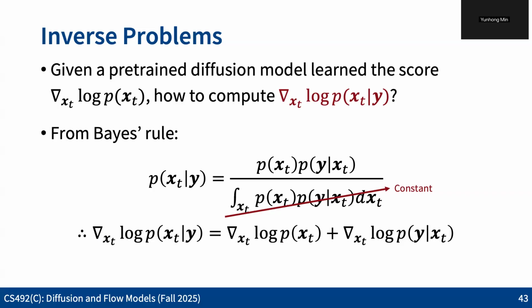So instead of computing this conditional score, we can just compute this and add it to the marginal score. It's a matter of whether we directly compute this posterior score or the likelihood score and add it to the marginal score. And the reason we do this is that computing this is much easier than computing that. This is what we are going to do.